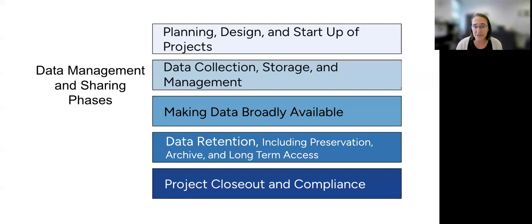There is one exception to that, and you're going to see in the activity list the idea of education and training being important. We did insert that throughout multiple phases of the process, because the communities that you do that education for may differ depending on what phase of the process or life cycle you're in.